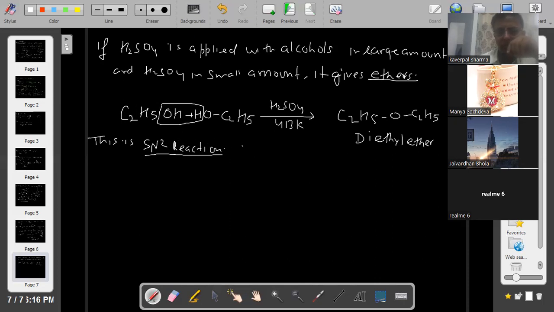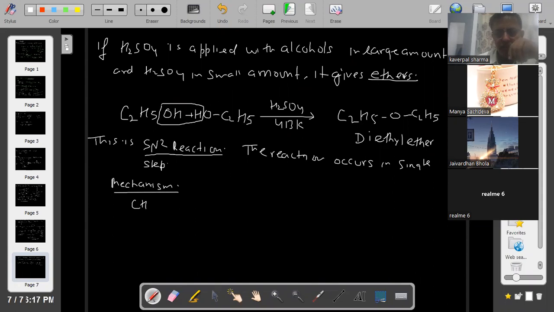The reaction occurs in a single step. Like mechanisms, all mechanisms are very important. Take CH3CH2OH.